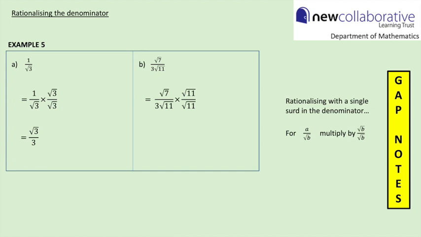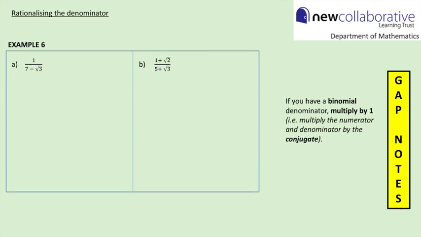And since the square root of 11 multiplied by the square root of 11 is the square root of 121, which is 11, the denominator becomes 3 times 11, which is 33. And so again, we've achieved our aim and written the original expression involving surds as a fraction where the denominator does not involve a surd, so we have rationalised the denominator.